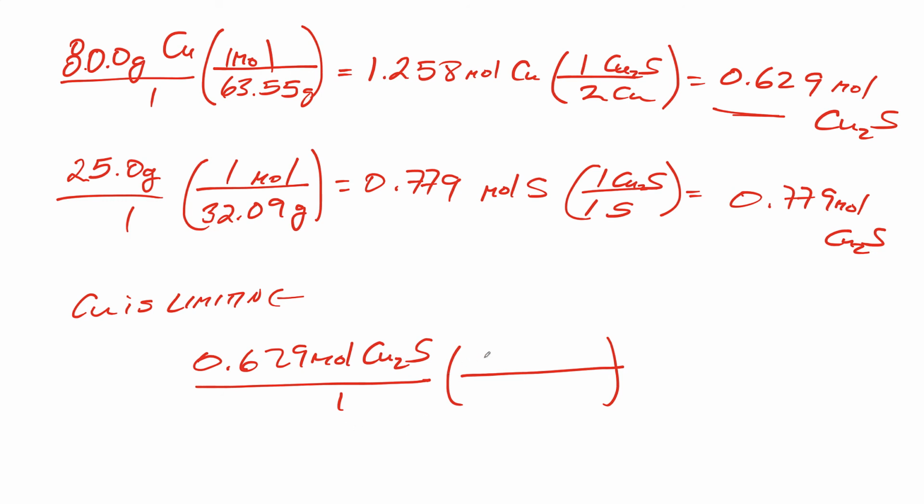That's going to be 159.19 grams per mole. Times 0.629, we're going to end up with 100.13 grams of copper sulfide. And that makes it about right.